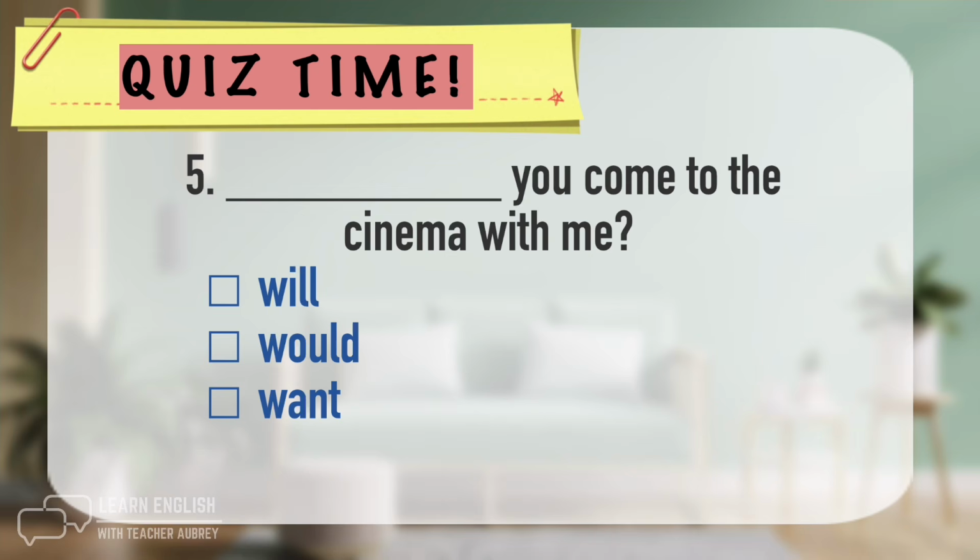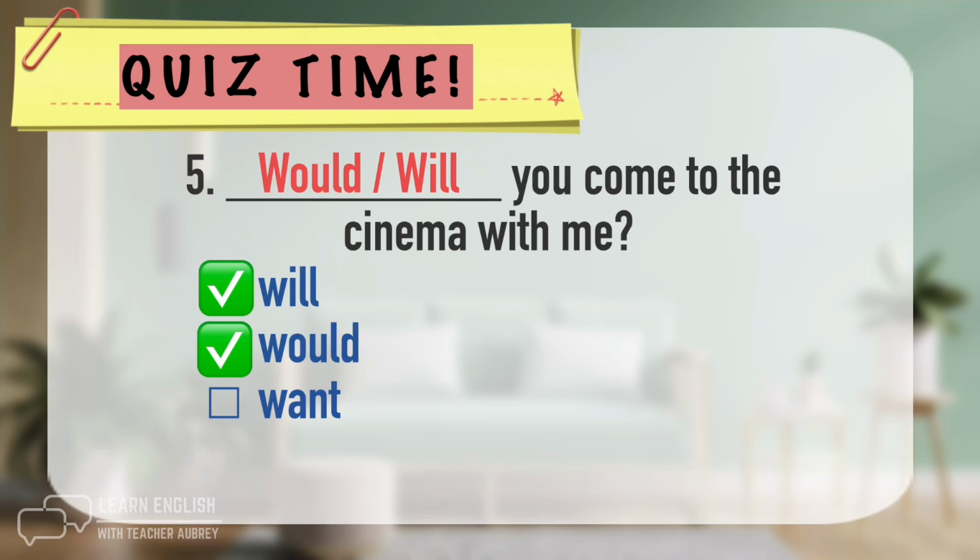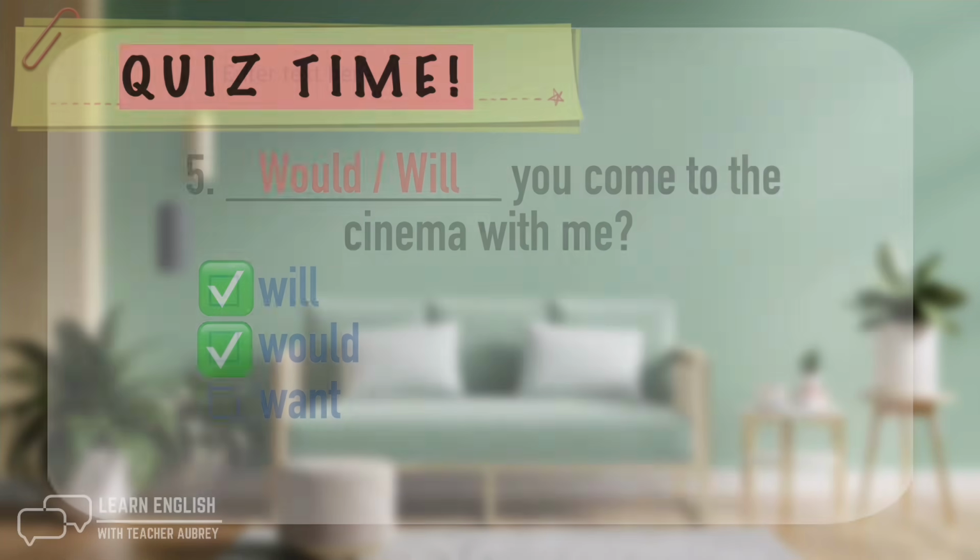The correct answers are both will and would. Would you come to the cinema with me? Or will you come to the cinema with me? It depends on which mood we would like to appear. If we would like to sound more polite, indirect, and formal, use would.